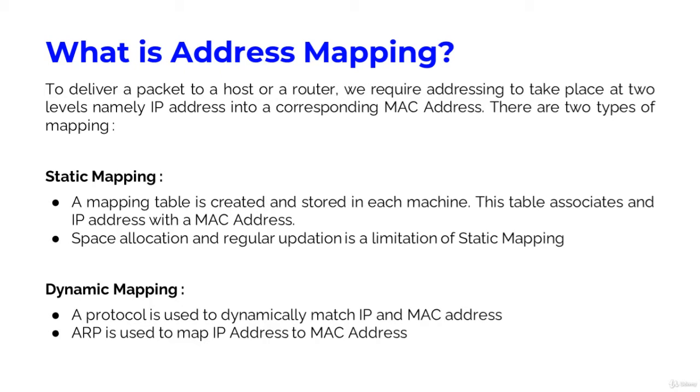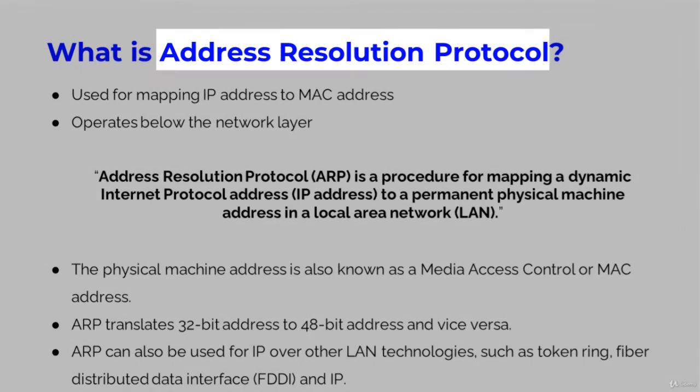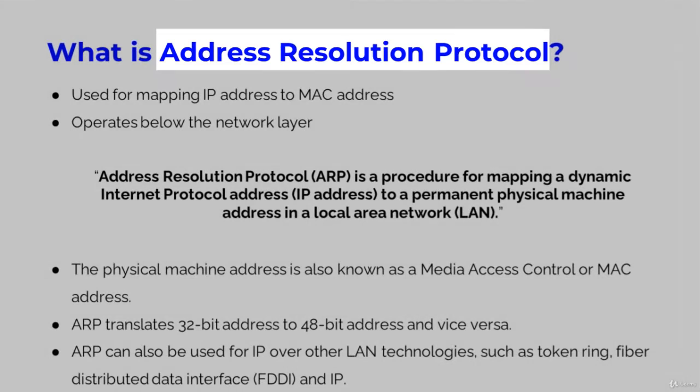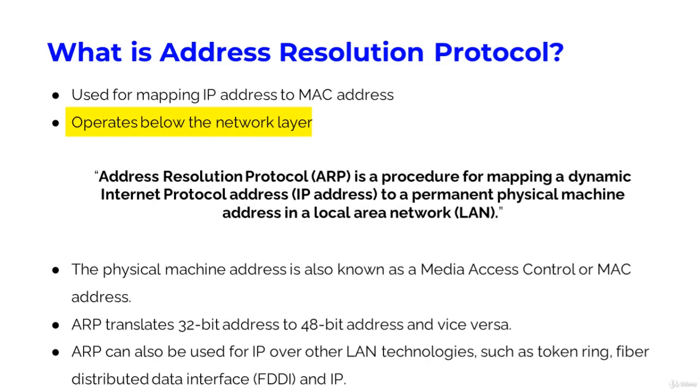And this is where dynamic mapping comes into the picture. In dynamic mapping, each time a device knows one of the two addresses, that is IP address or MAC address, it can use a protocol to find the other one. And that protocol is nothing but ARP. It is a network layer protocol used for address resolution, or in simple words, address mapping in TCP/IP.